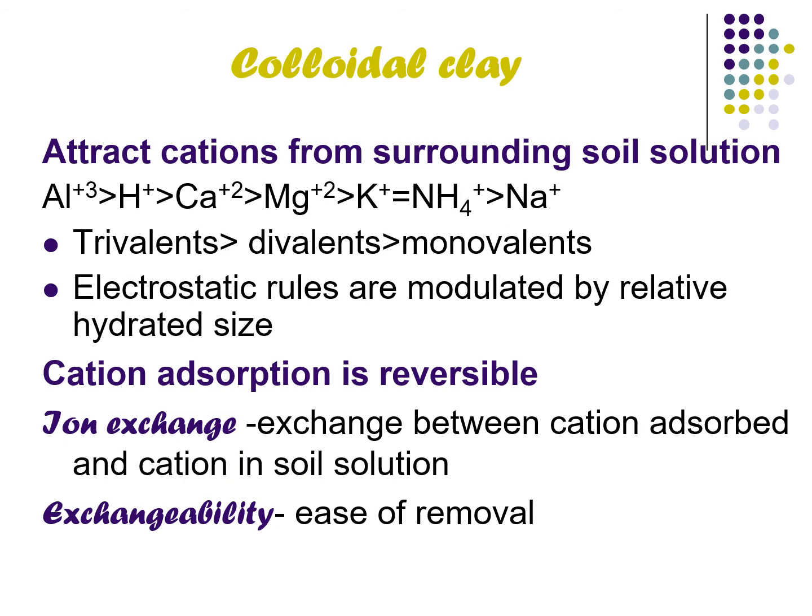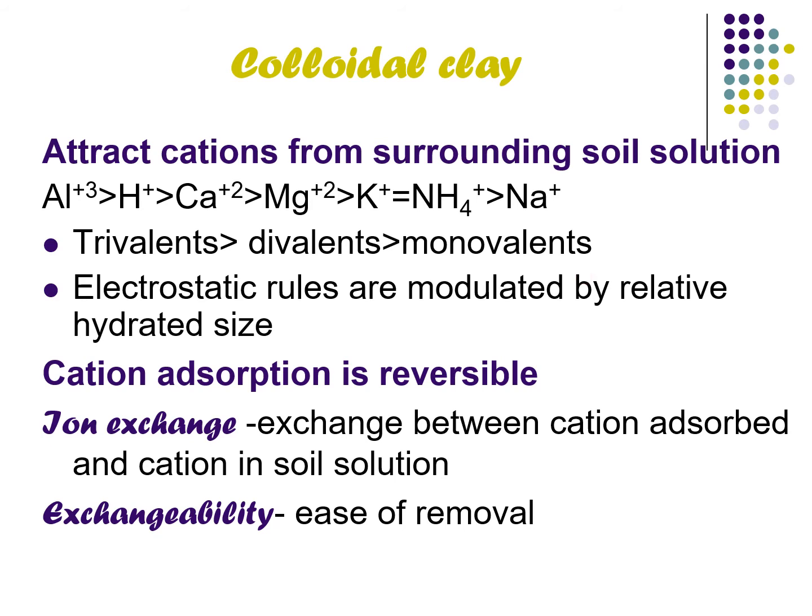The association of cations with negatively charged colloidal surfaces depends on electrostatic interactions. Hence, binding affinity varies according to the lyotropic series, reflecting the general rule that trivalents are retained more strongly than divalents and divalent ions more strongly than monovalent ions.